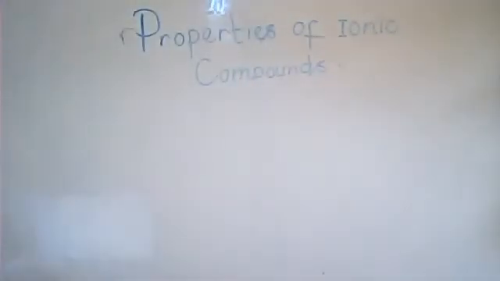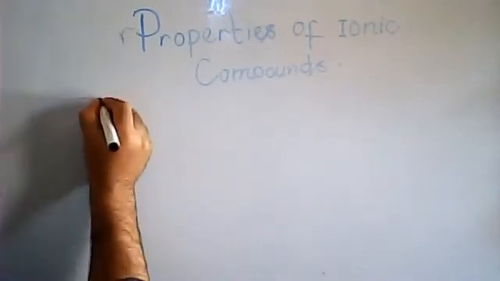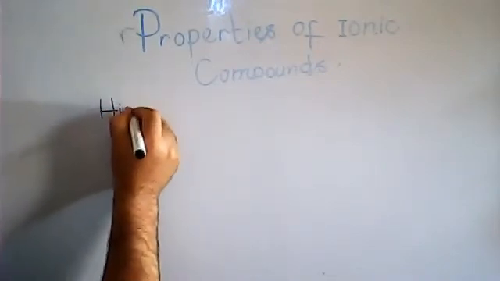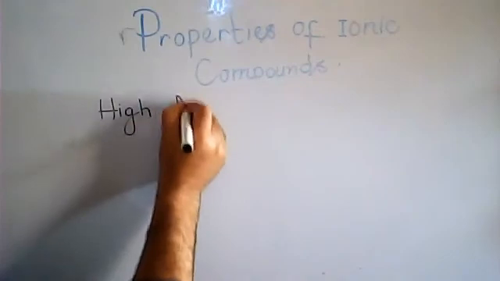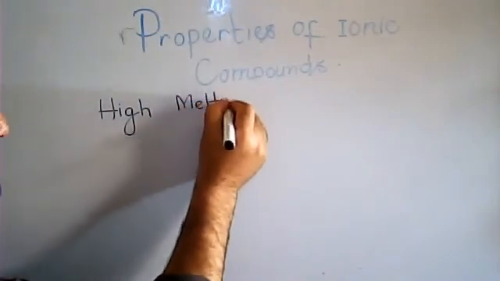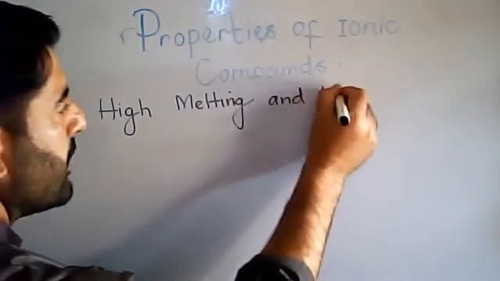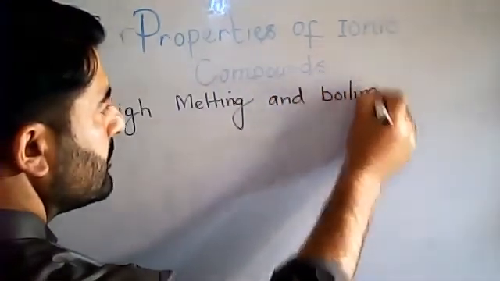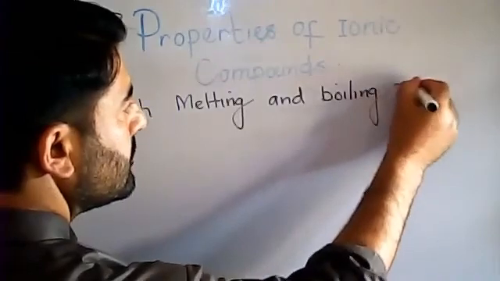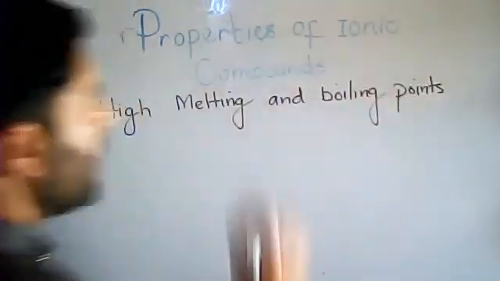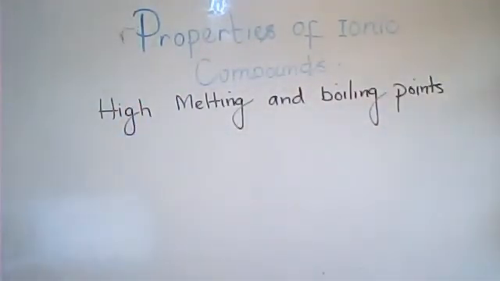The third property is they are having high melting and boiling point. Okay, we're talking about the ionic compounds. They are crystalline, they are solids, they are ionic.